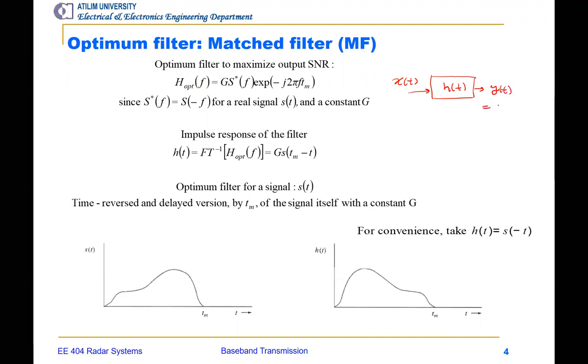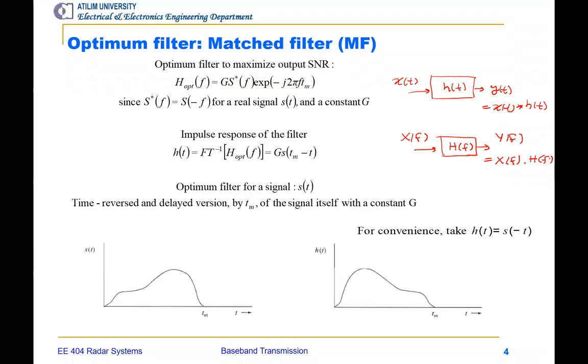And this output is simply x of t convolved with h of t. Okay, in frequency domain, this corresponds to the transfer function, and the input is X of f, and the output is Y of f. And Y of f is simply X of f times H of f.